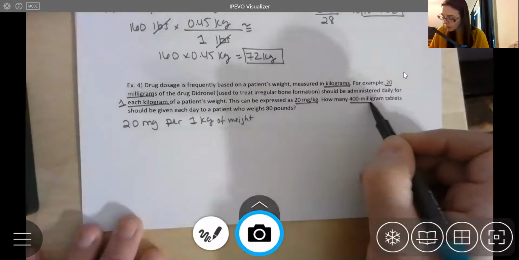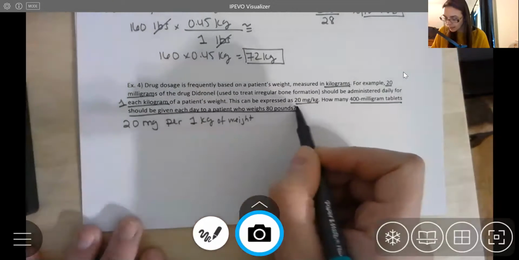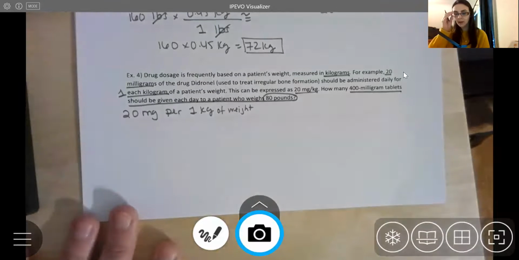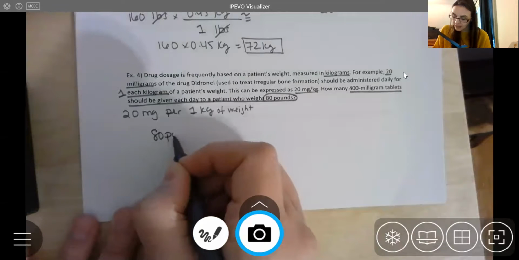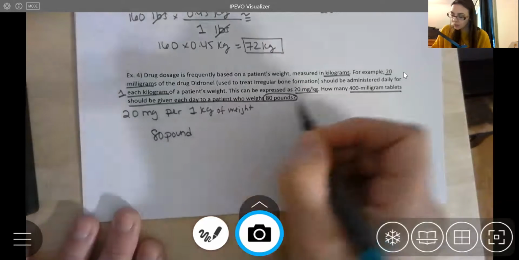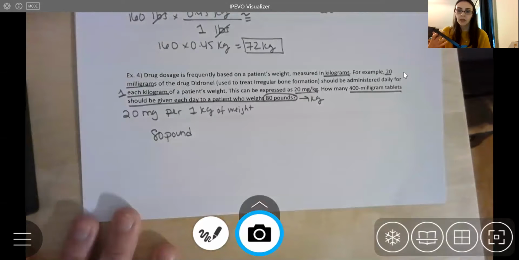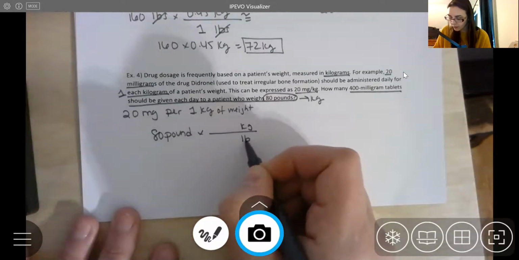How many 400 milligram tablets should be given each day to a patient who weighs 80 pounds? So when you have pounds here and you're dealing with medication, typically the first thing we need to do is take those pounds and convert them to kilograms, because most medication dosages are based on a person's weight in kilograms. So I want to go to kilograms here and I want to get rid of the pounds.